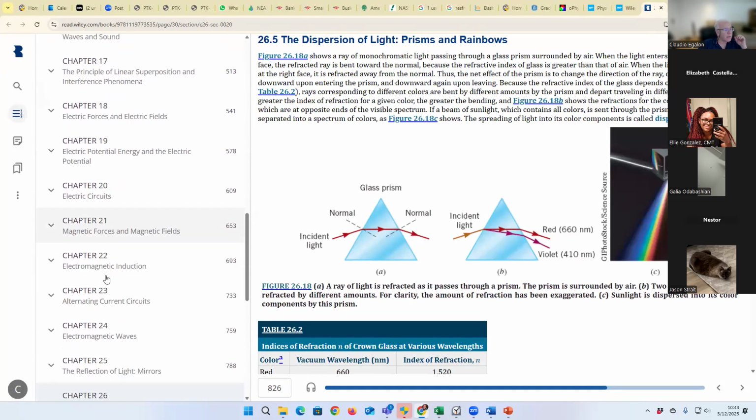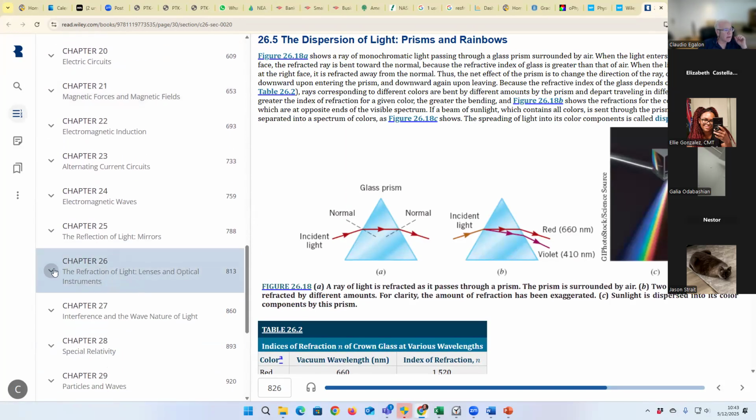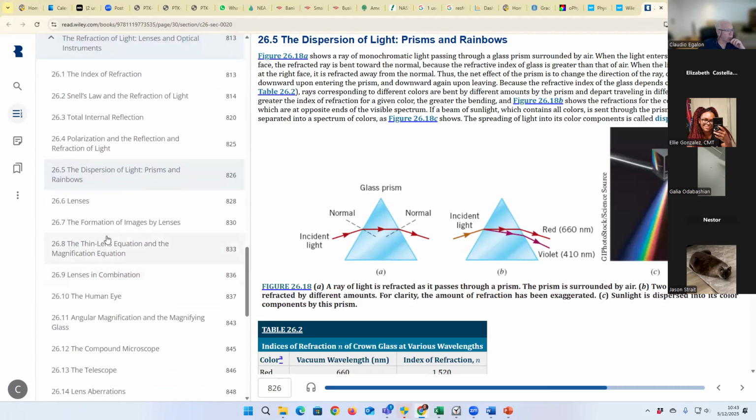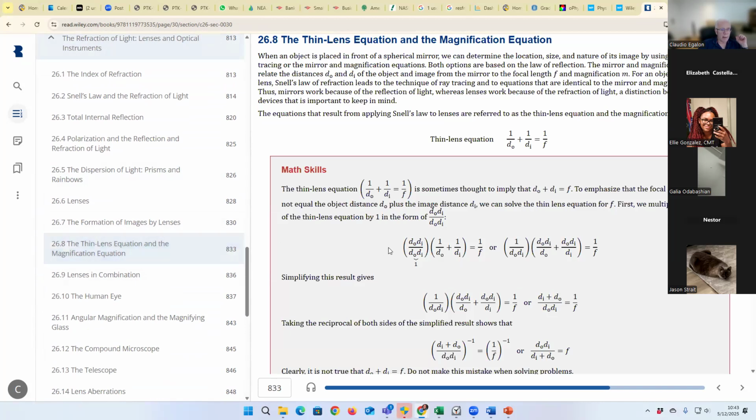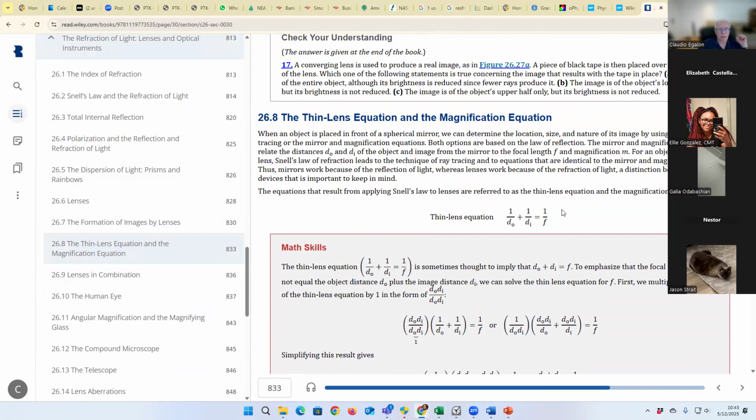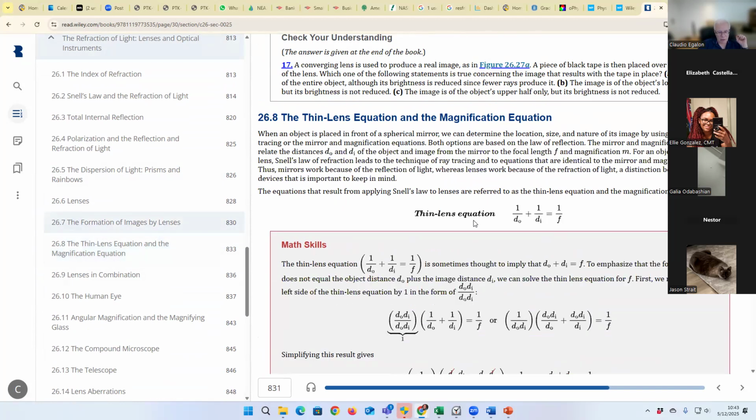Got 26, right? Refraction. Lens length equation. Yeah, and that's what I covered, right? That's the equation for the lens length. If the lens is not thin, this equation changes slightly.